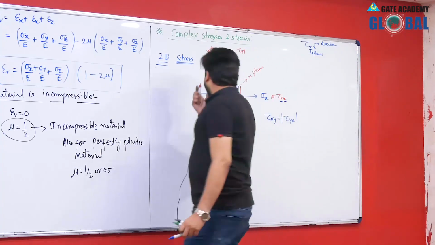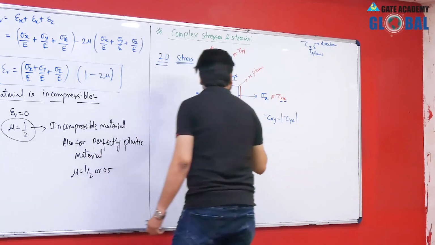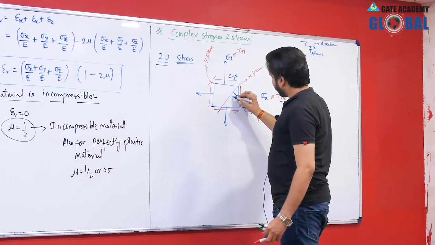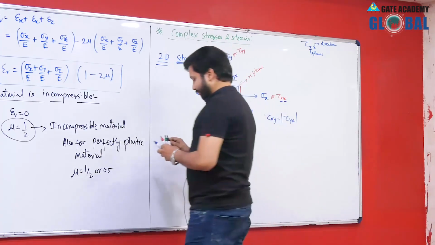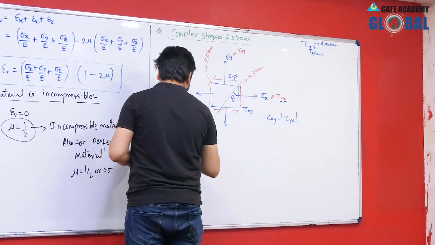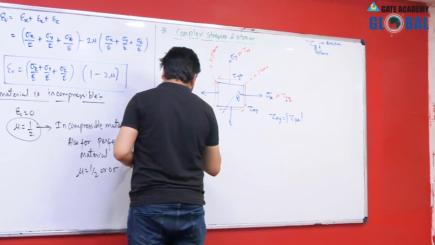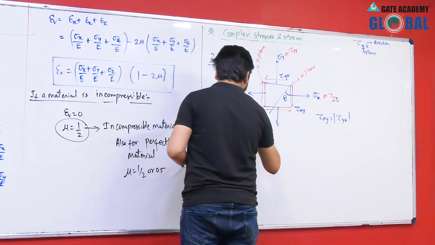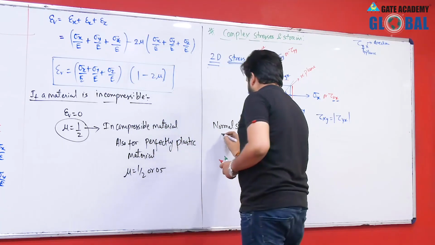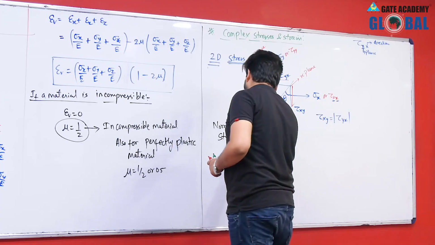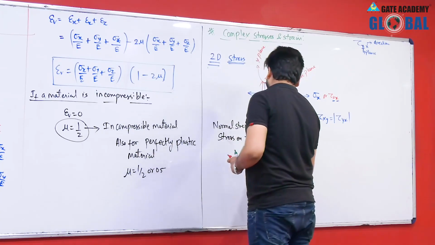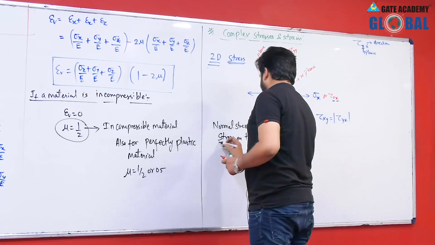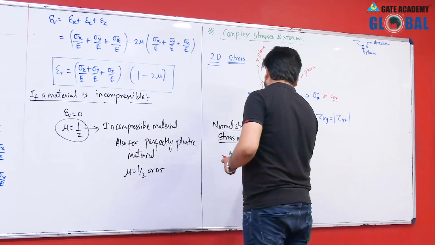Now, if there is a plane, like this, this is a plane, okay, at an angle of theta degree, then we can write the value of normal stress and shear stress on the oblique plane, okay.